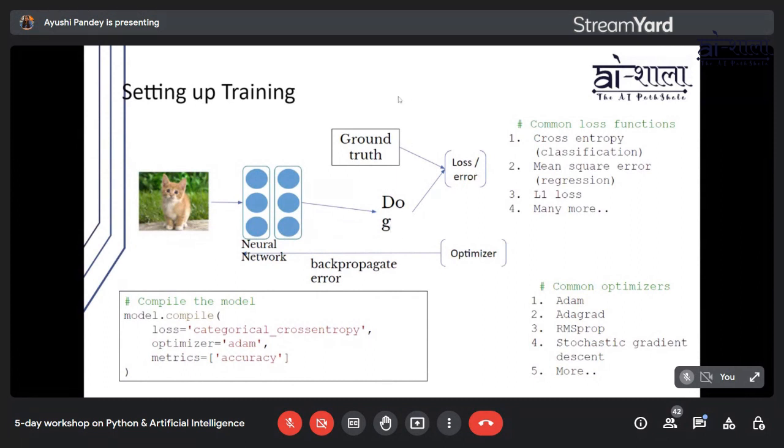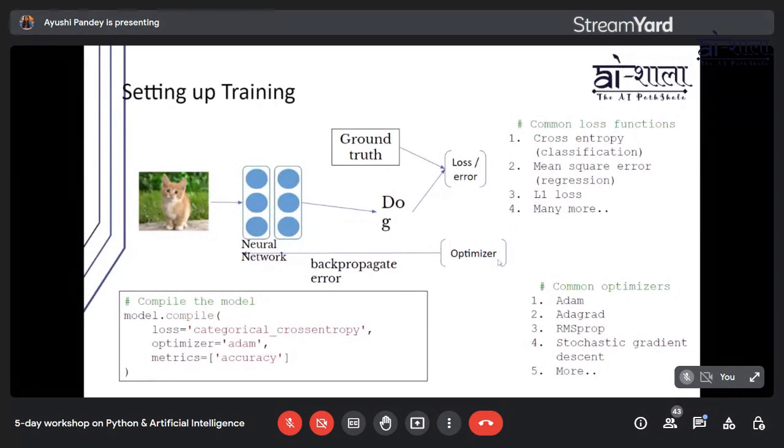So the output did not match the ground truth, and using loss or error, we get to know there is an issue. Then with the help of the optimizer, the weights, which were initially taken as some values, will be changed accordingly.